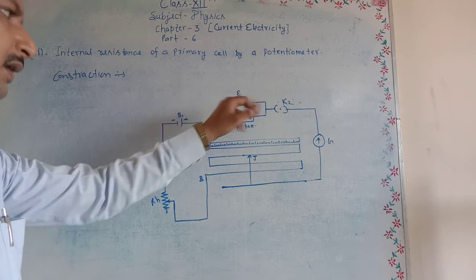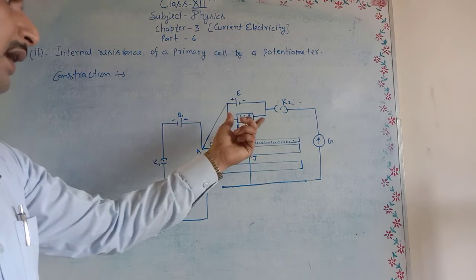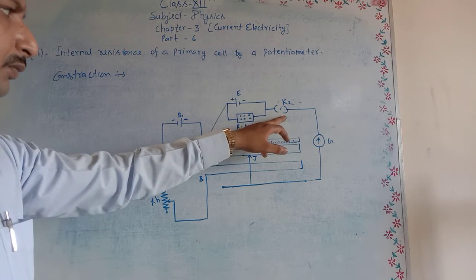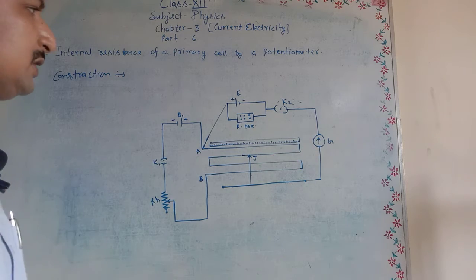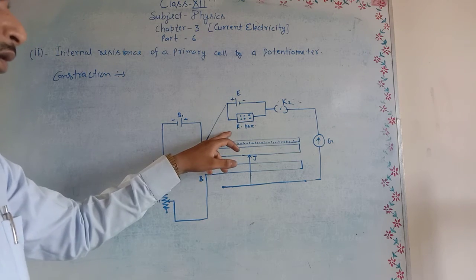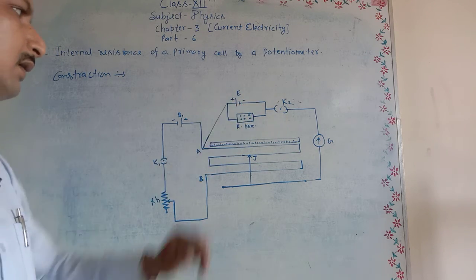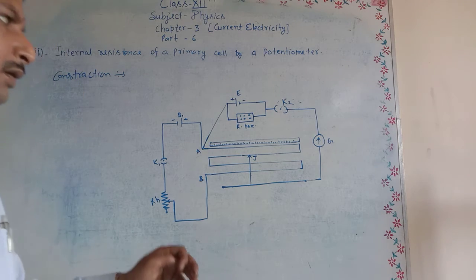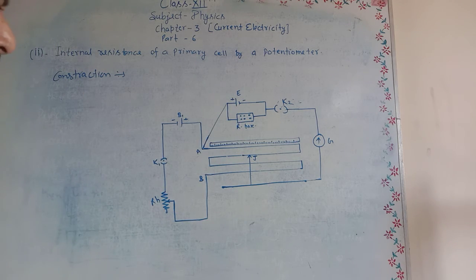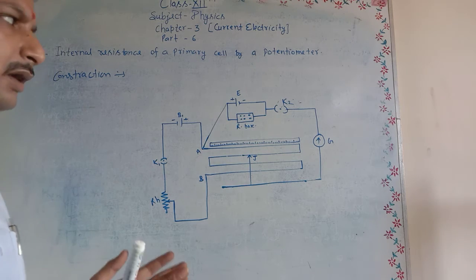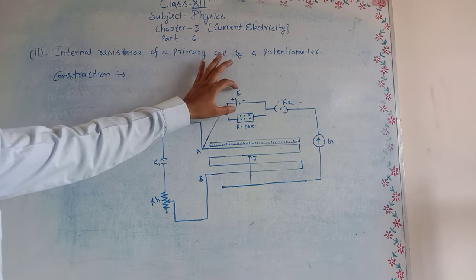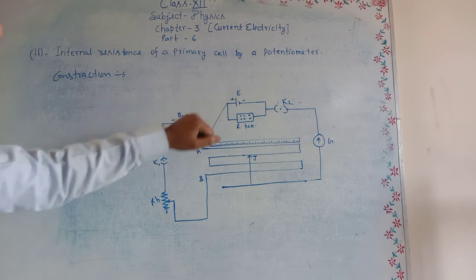The negative terminal is connected to a galvanometer and jockey, and a resistance box is connected in parallel to the cell E.